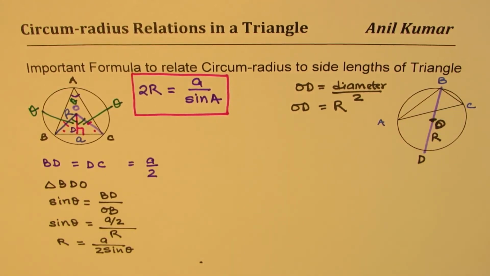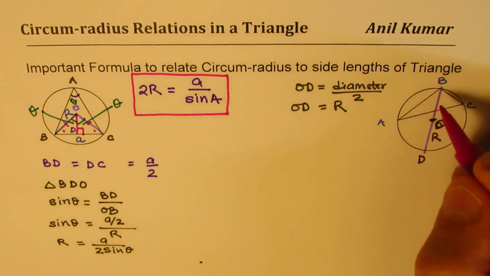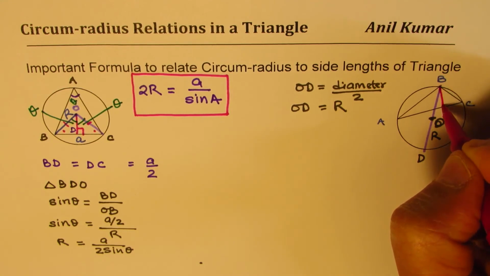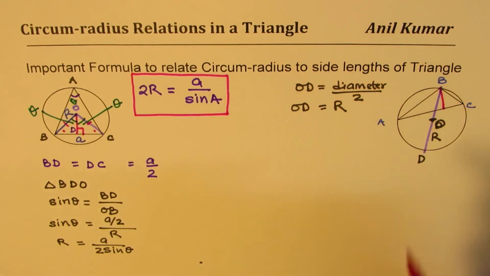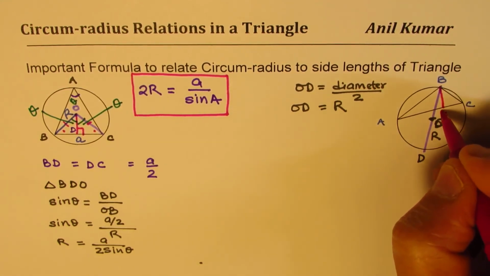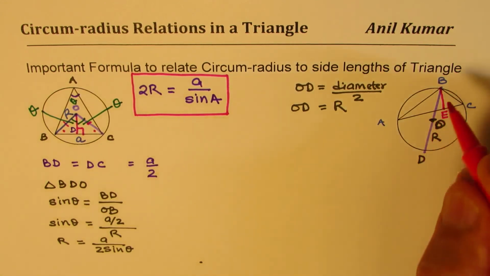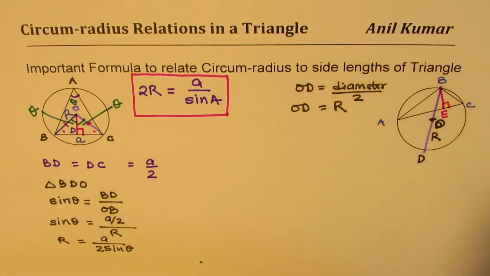Now in this particular triangle, let me drop a perpendicular from B to base AC. Let this point be E, so that becomes the perpendicular.